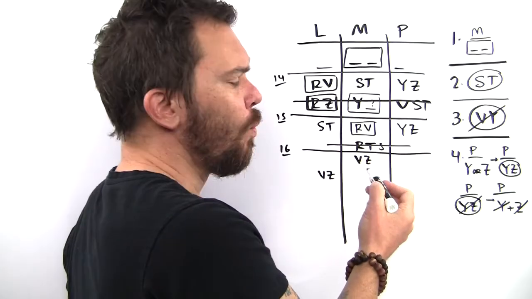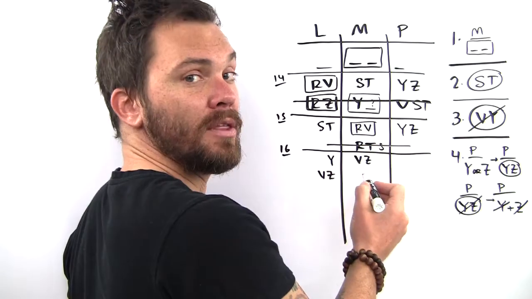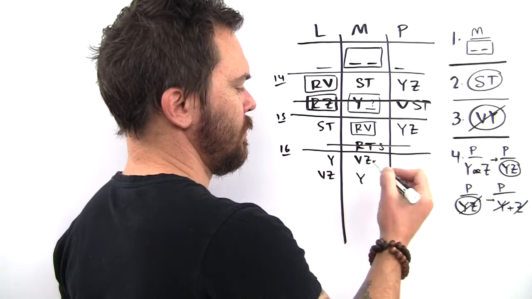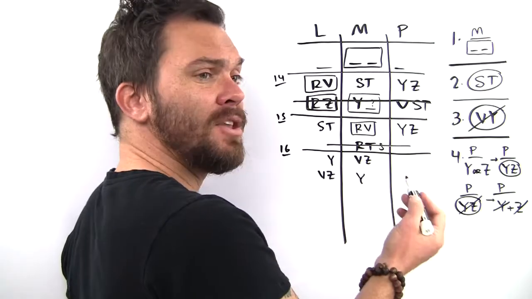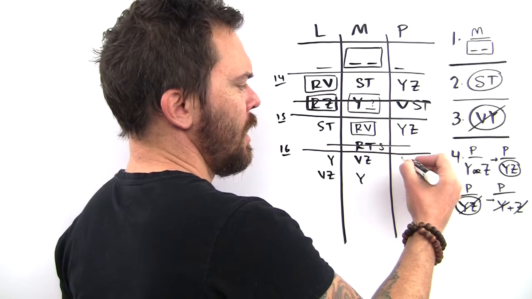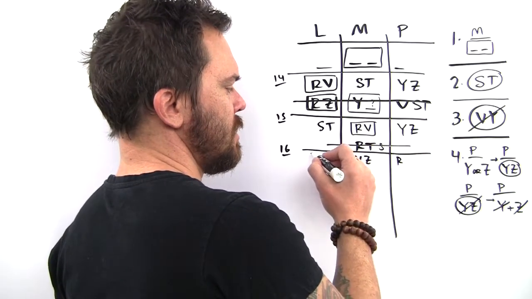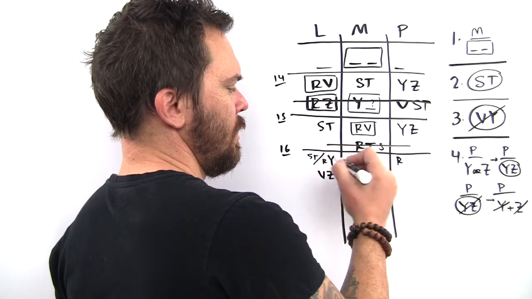Either way, Y is not in P and not with V. And then you have S and T and R. And we could do one of them here and the other one here, or vice versa.